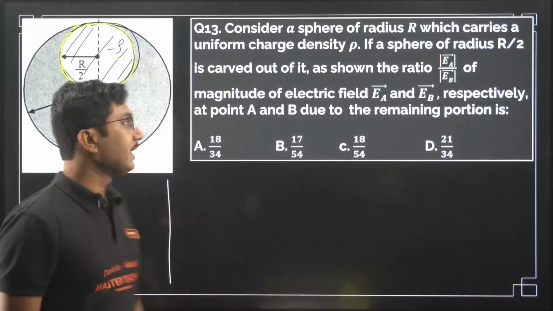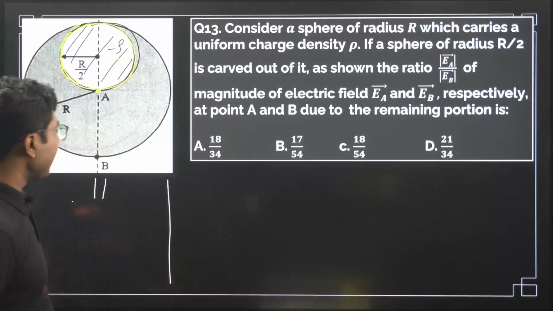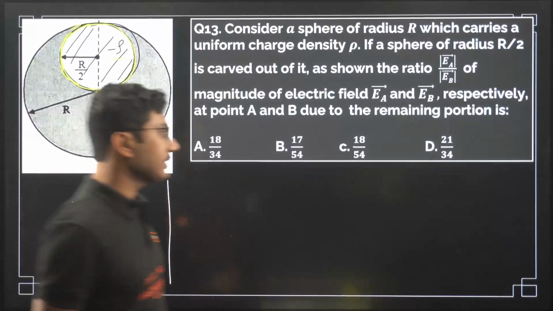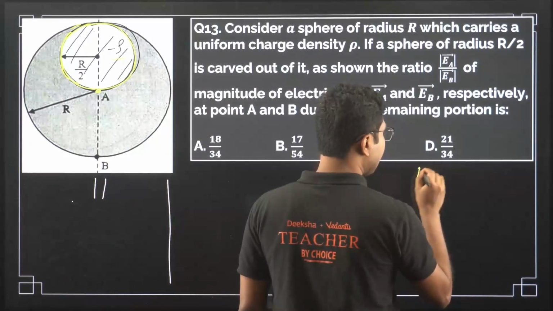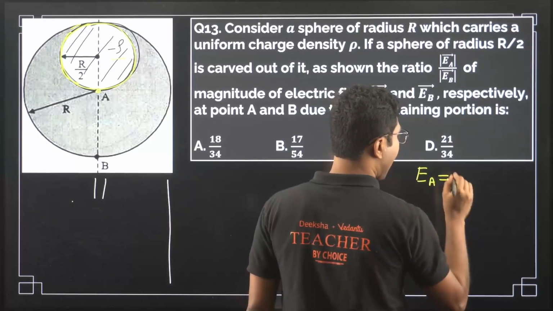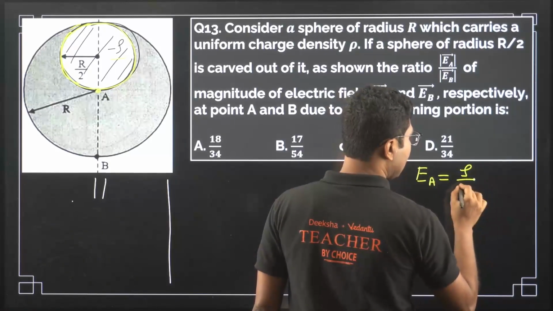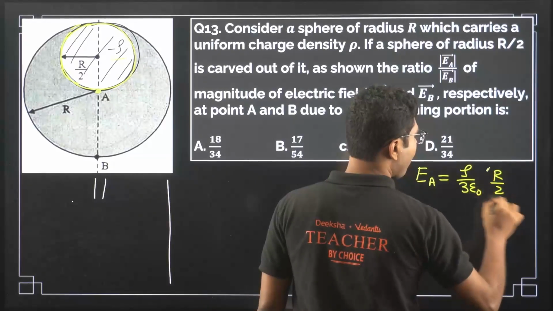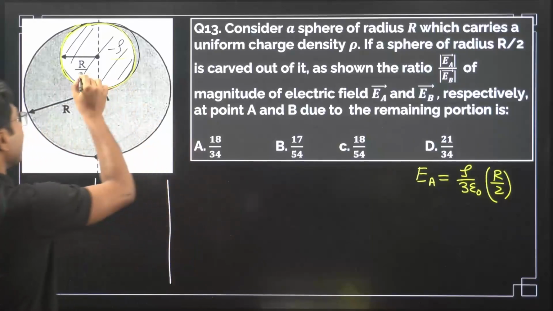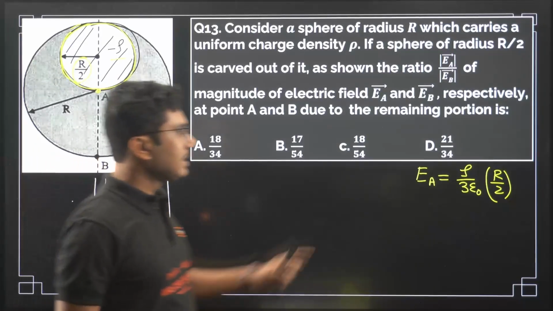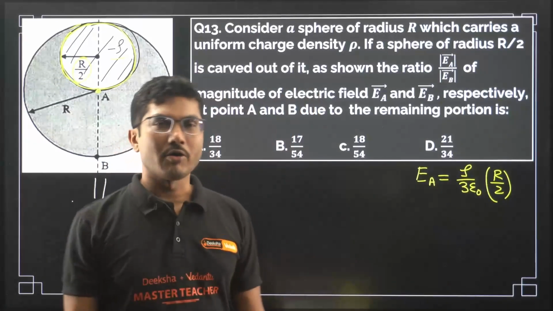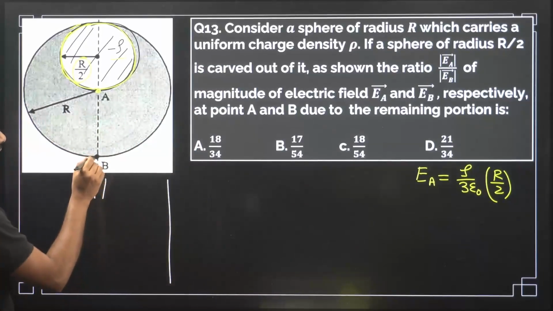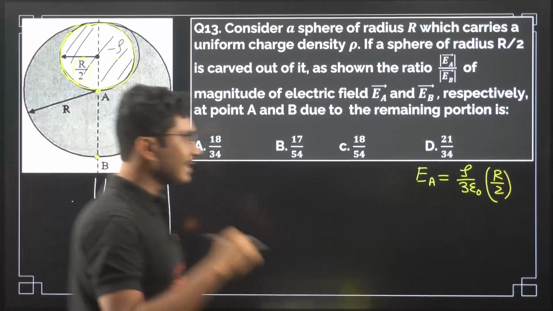So the electric field at point A can be written using the formula for electric field on the surface of the sphere, that is EA equals rho by 3 epsilon naught into r by 2. Here the radius is r by 2, so that's the formula for the electric field at point A.